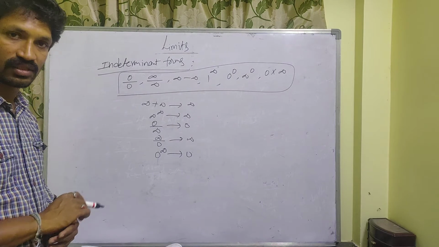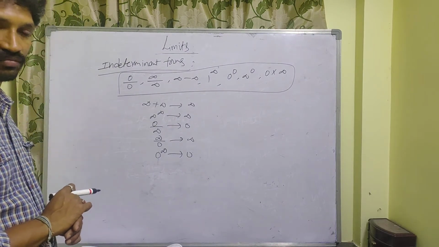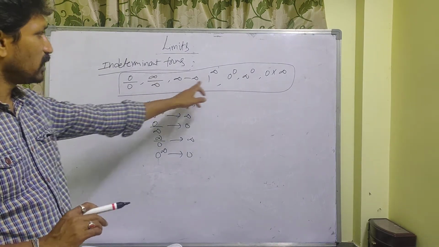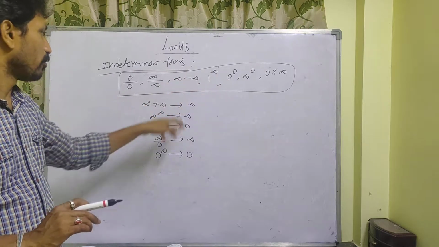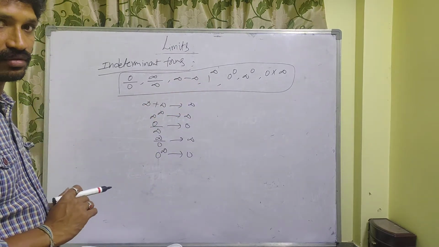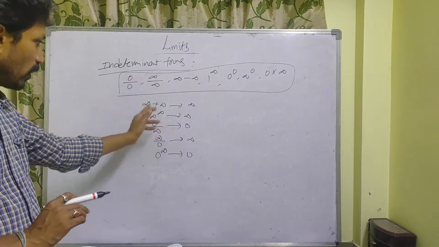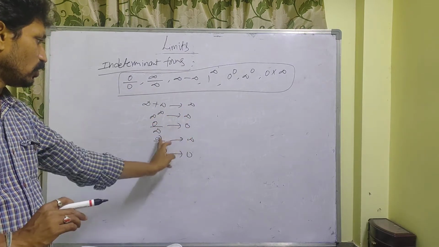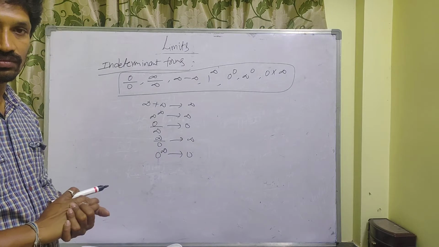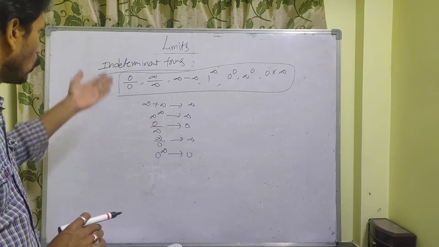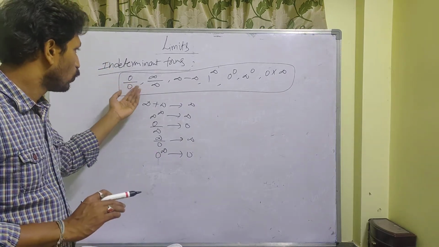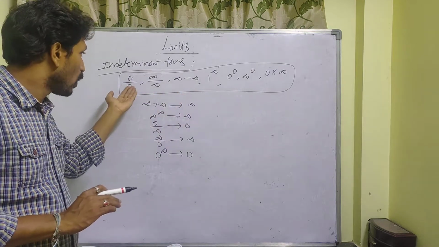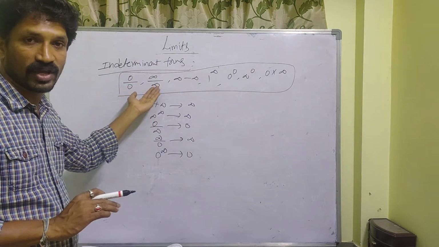So only these seven are the indeterminate forms. Clear?